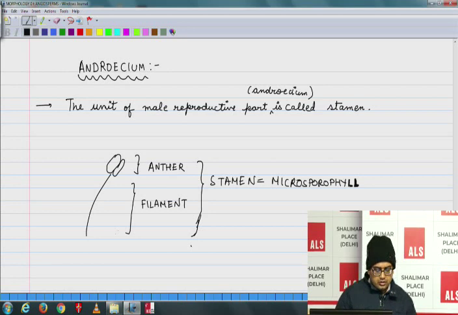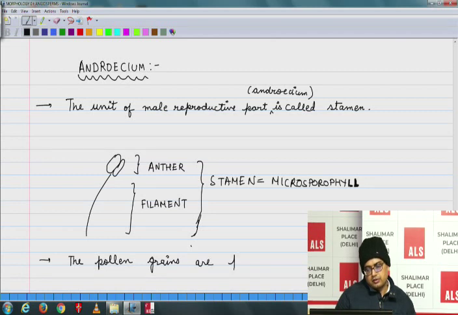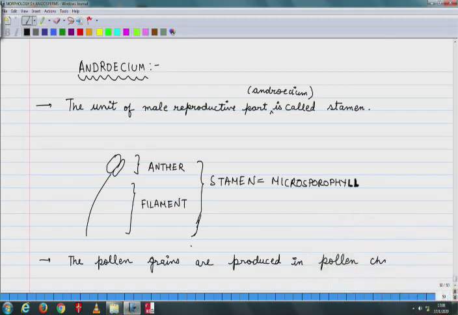Now, the pollen grains are produced in anther. Pollen grains are produced in pollen chambers inside anther lobes.